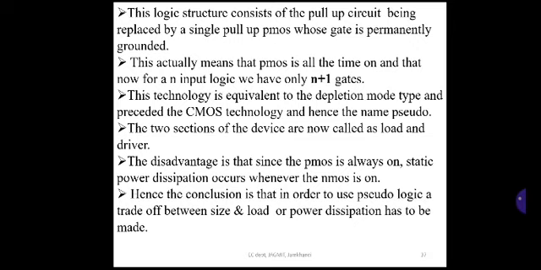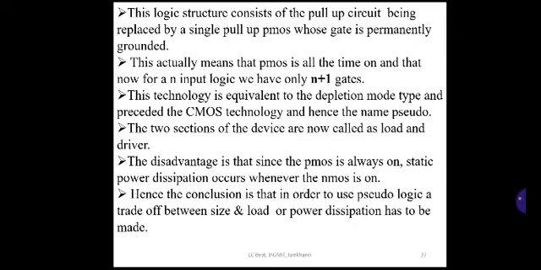That means it is always in the on state. This means the PMOS is on all the time, because the gate is grounded and this is the input required to switch on the P transistor. That's why it is always on.